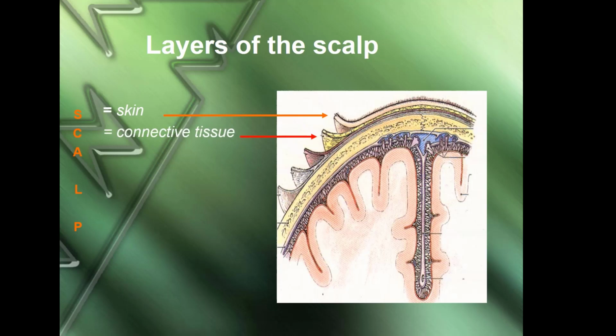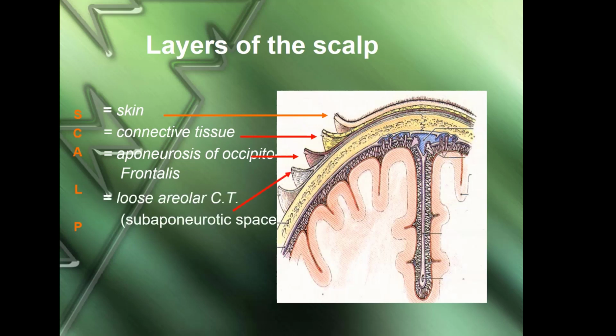We take the first letter for each one. A is the aponeurosis of the occipitofrontalis muscle. L is the loose areolar connective tissue, that is the subaponeurotic space. And P, lastly, is the pericranium or periosteum of the skull. So simply we can remember the layers of the scalp through its name.